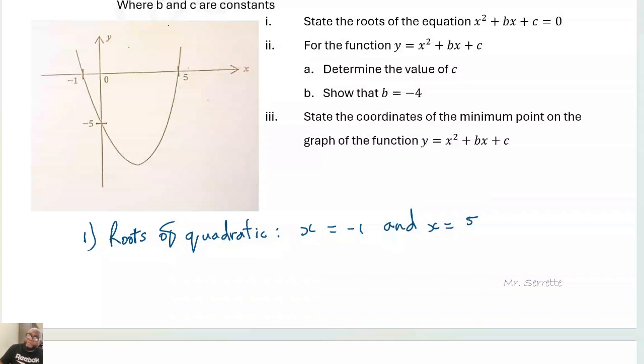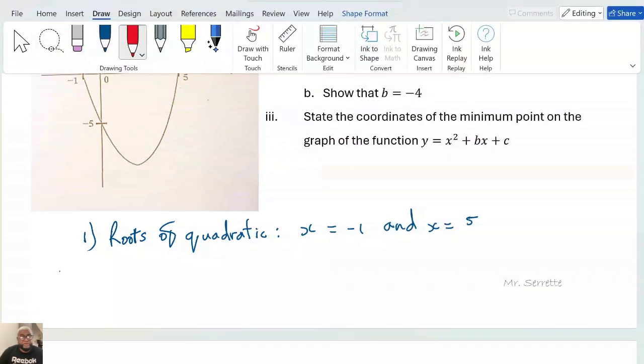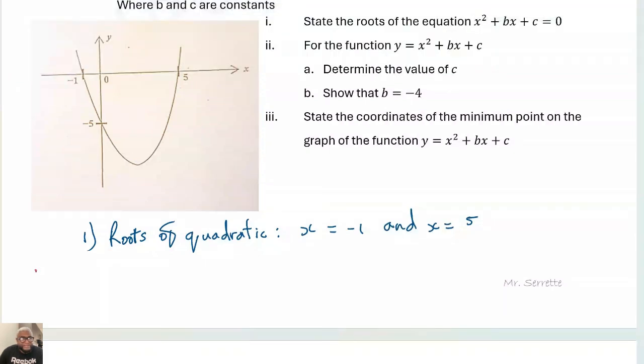Roots of my quadratic. So note, write it over, because you're not remembering it.